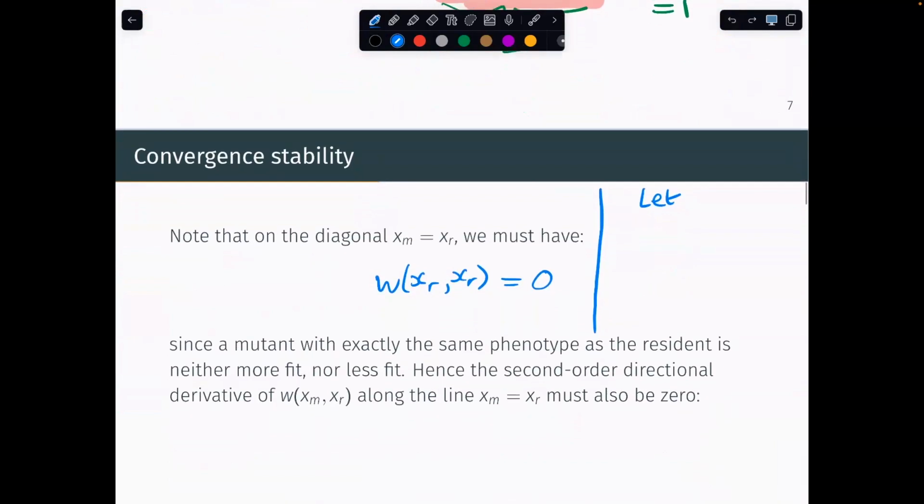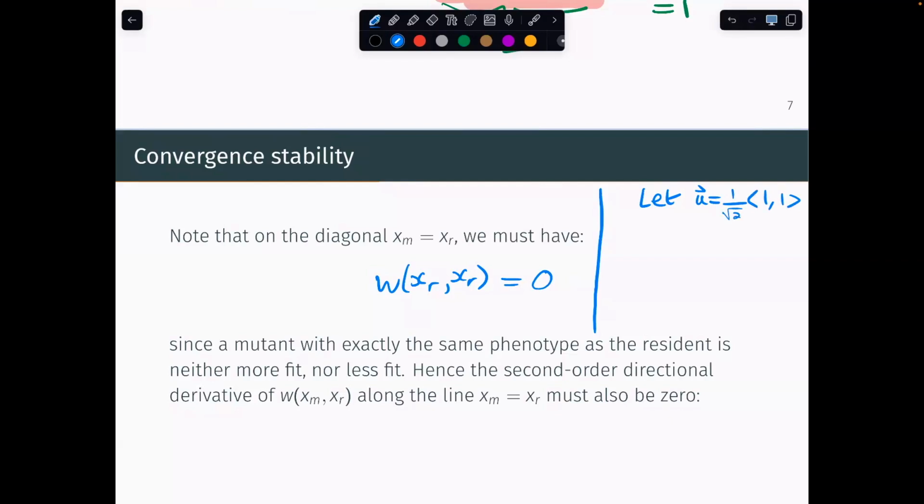Okay, so how do we work out our directional derivatives? First of all, let's define a unit vector u in the direction of the main diagonal: 1 over root 2, 1, 1. This is just a unit vector pointing in the direction of that main diagonal at 45 degrees, along the line xm is equal to xr.